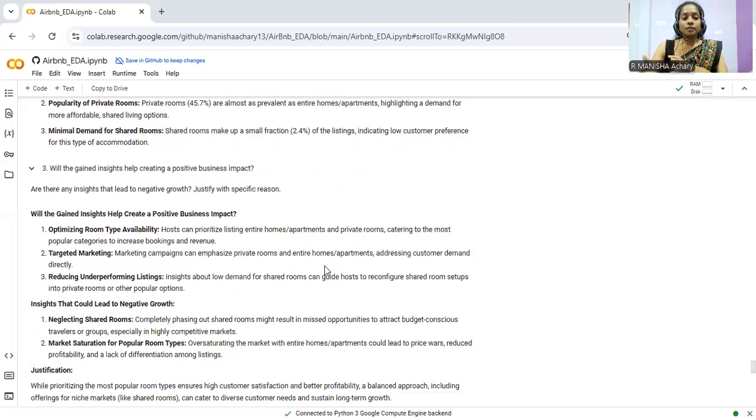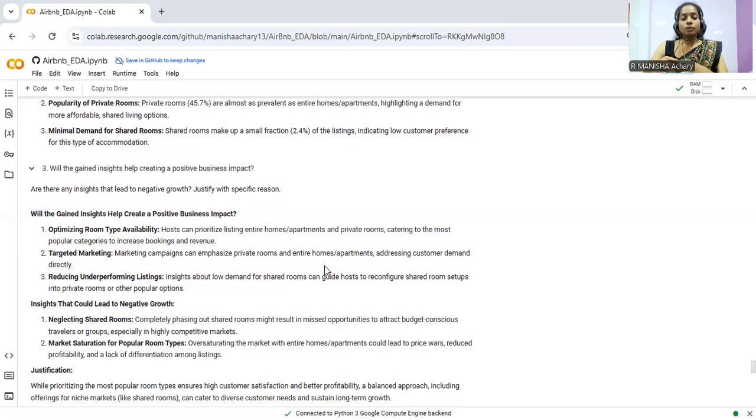For positive impact: optimizing room type availability, targeted marketing, and reducing underperforming listings. For negative growth, completely neglecting shared rooms might result in missed opportunities to attract budget-conscious travelers or groups, especially in highly competitive markets.